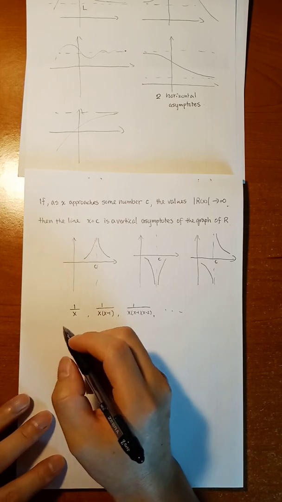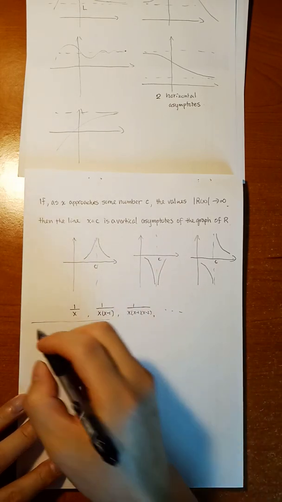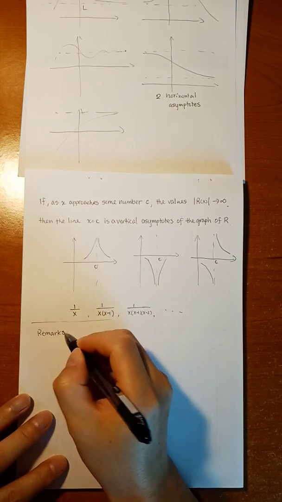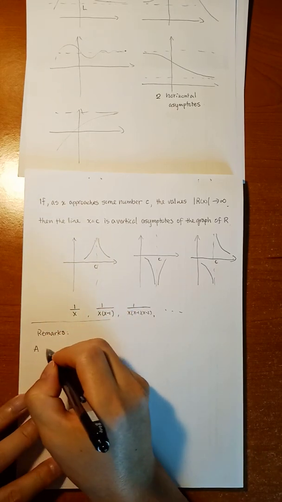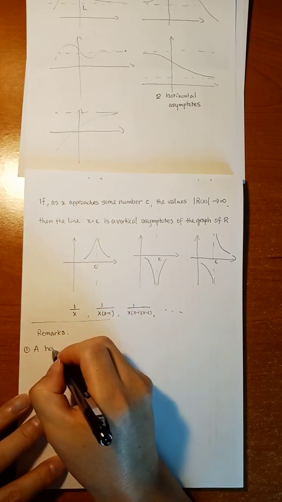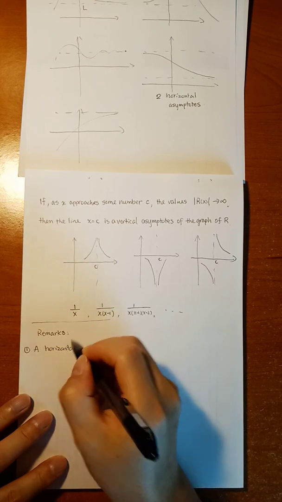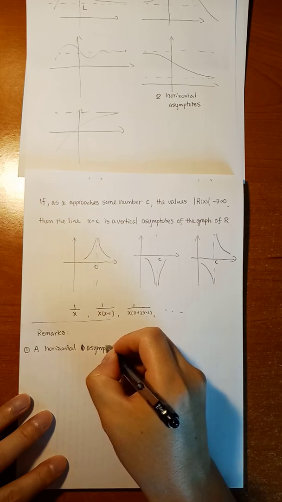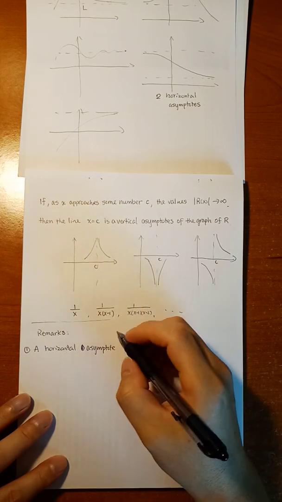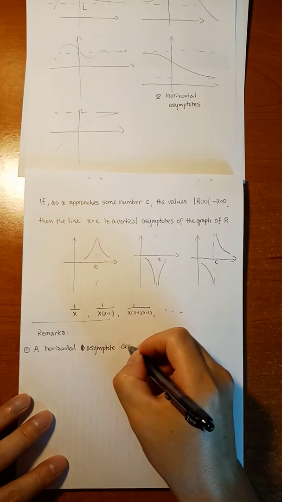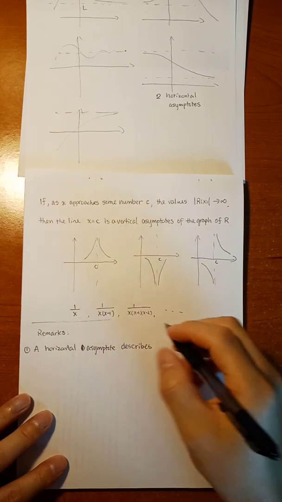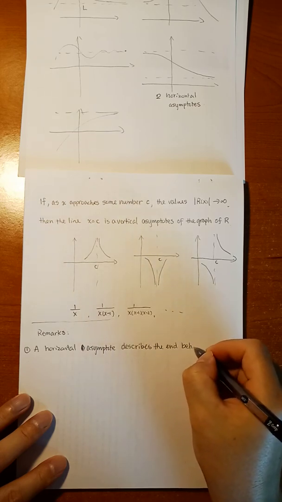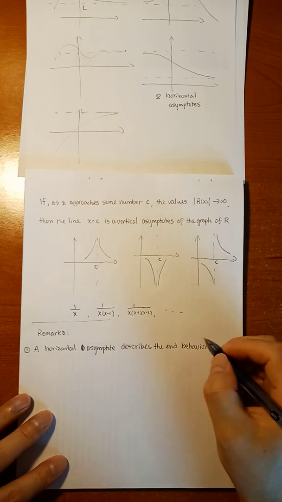Okay, so let's see some remarks. First, a horizontal asymptote describes the end behavior of the graph.